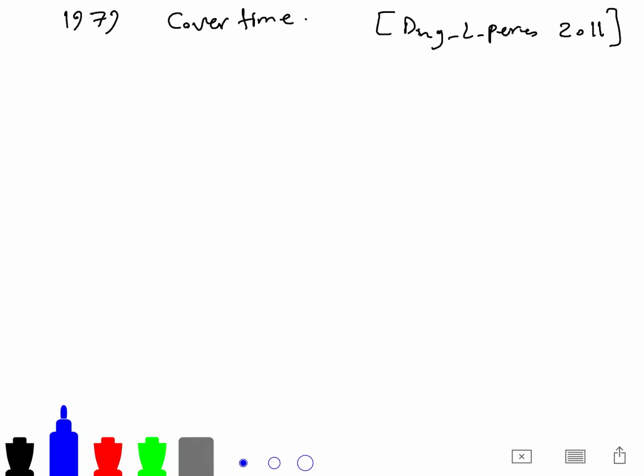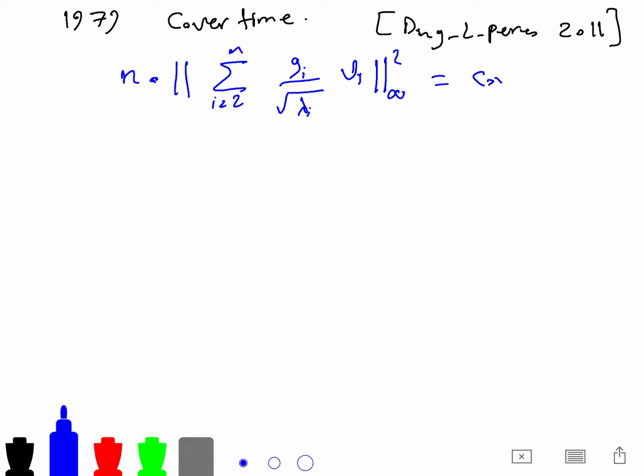And somebody has proved that the sum over i of n times lambda i, Vi, this is the cover time of G. I mean, in 2014 it was proved. So the next peak of this Gaussian random field is the cover time of the graph.